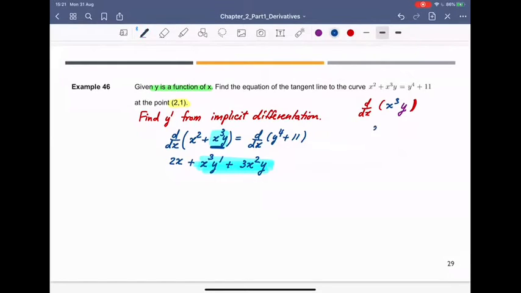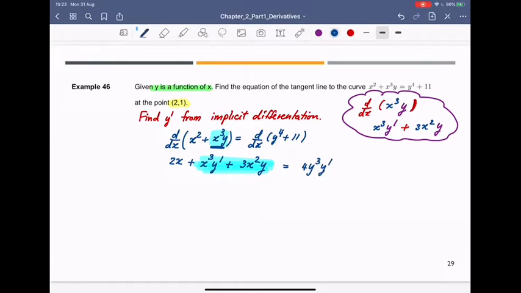That is x cubed times the derivative of y, and then add the derivative of x cubed times y. That is how you get the part that I highlighted in blue. And then on the right-hand side, I differentiate y to the fourth power, so I get 4y cubed times y prime, because of the chain rule, and differentiating 11, I get 0.